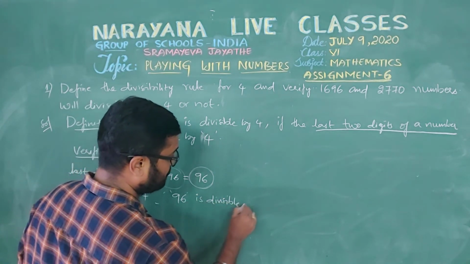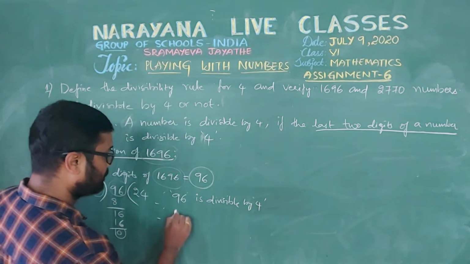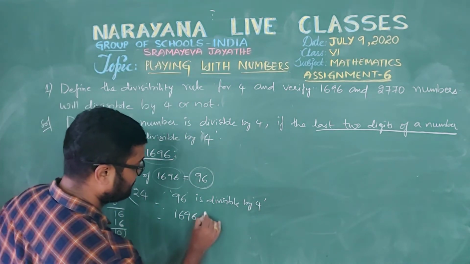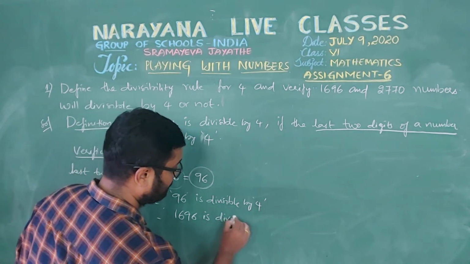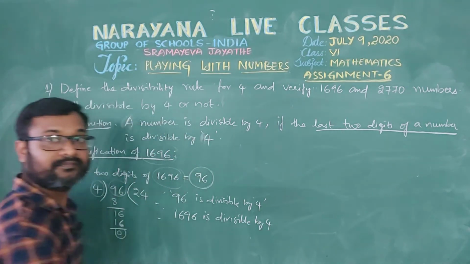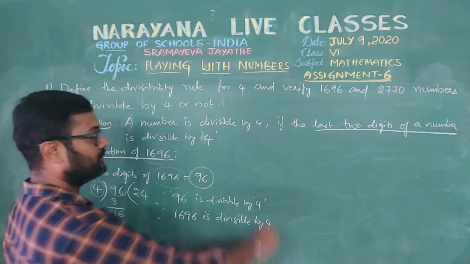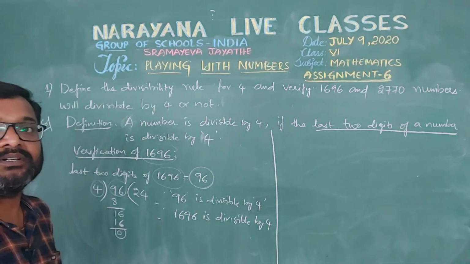Isn't it? Divisible by 4. Then therefore 1696 is divisible by 4. So like this we can verify the given number.